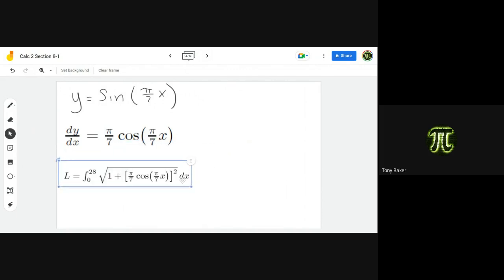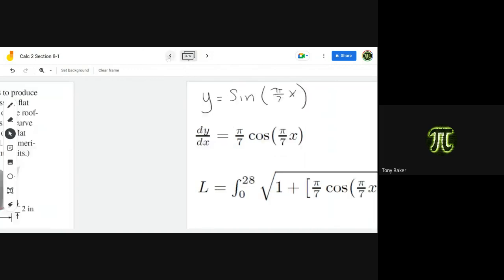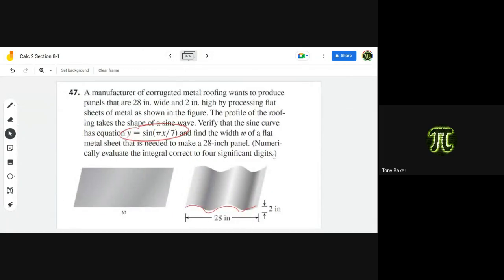Plugging it into my integral formula, my arc length formula, because we're going from 0 to 28. The 2, okay, I will explain where the 2 came from. What is the amplitude of a sine wave?